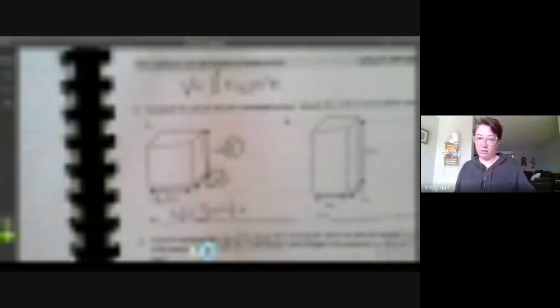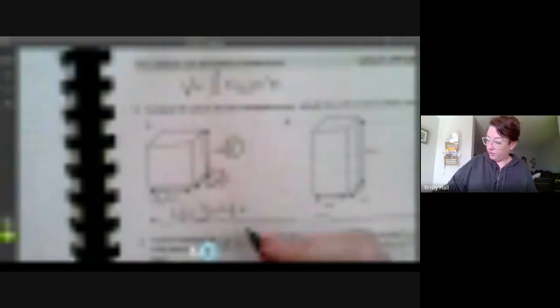This is our last one. So we were multiplying 4 times 3 times 4. Does anybody have the volume on that? 48. You could even do it in your mind, like I know 4 times 3 is 12 times 4.